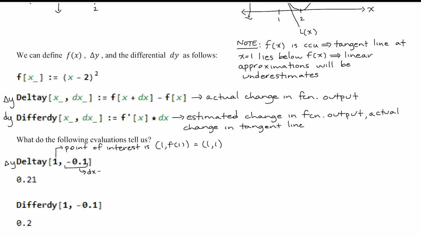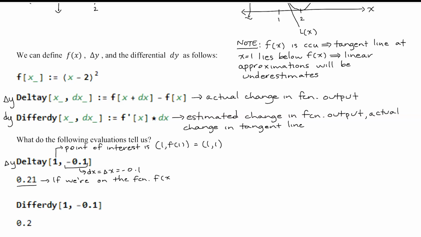So our point of interest is the point (1, 1). The −0.1 right here is our delta x, or our dx. So we're moving left one tenth of a unit. So when we get a result of 0.21, what does that mean?